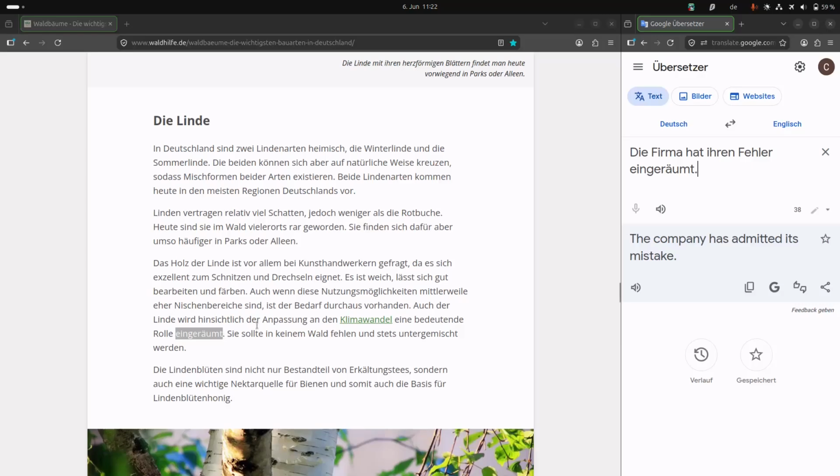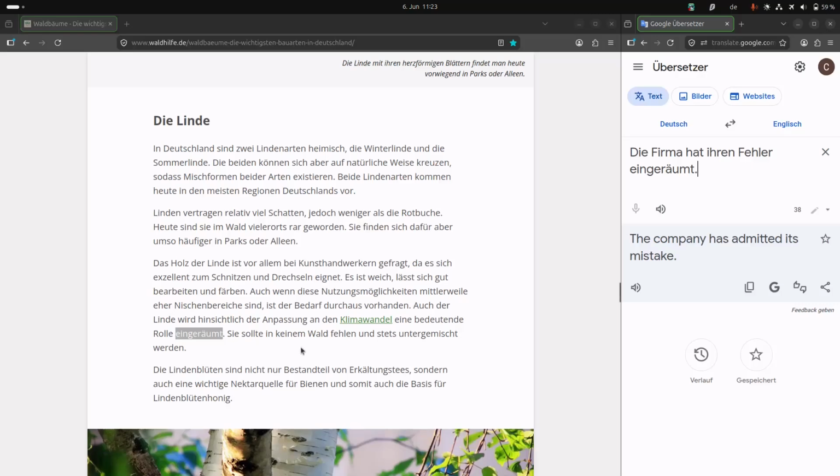But so, in general, this means also to the Linde is being, in relations to the climate change, given a significant role, basically. Yeah, in relations to the adjustment to the climate change.